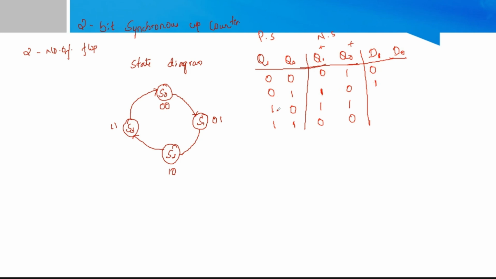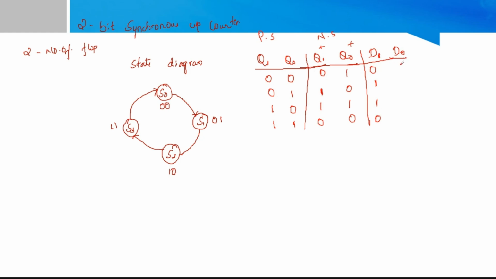If the present state is 1 and the next state is 1, what will be the input of D1? 1. If present state is 1 and the next state is 0, the input of D1 will be 0. Why? Because the input of D1 is whatever you get on the next state.